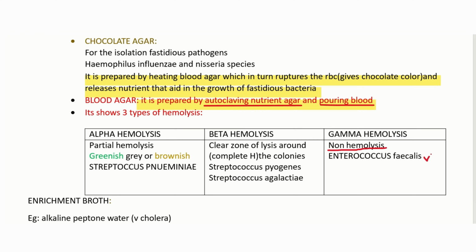The example is Enterococcus faecalis. So the complete hemolysis is beta hemolysis, the partial hemolysis is alpha hemolysis, and the no hemolysis one is gamma hemolysis. This is very important. Complete hemolysis means beta, partial hemolysis means alpha, no hemolysis means gamma.